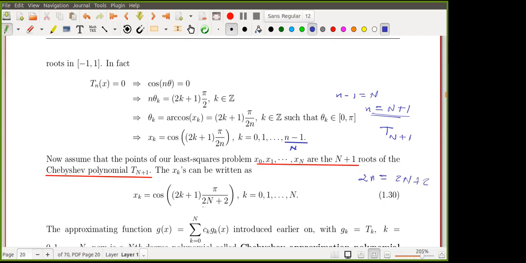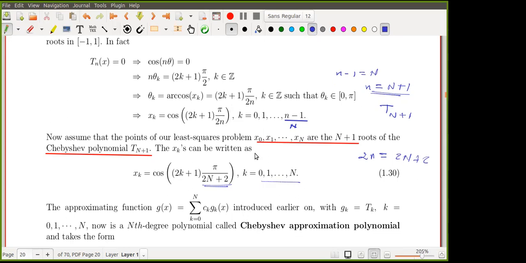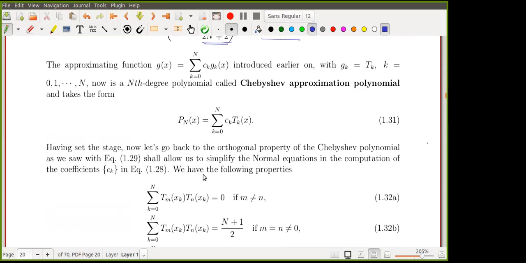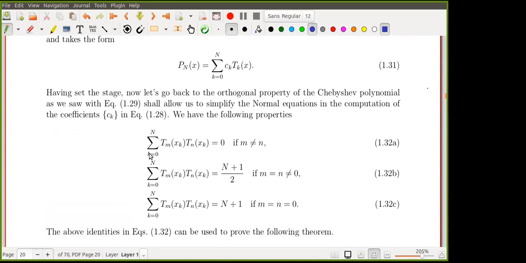And that is exactly what we have here in the denominator, and carry on from 0 to capital N. Okay, so those are the xk that we use in this formula to prove the orthogonality of the discrete Chebyshev polynomial. I mean, Chebyshev polynomial at discrete points.